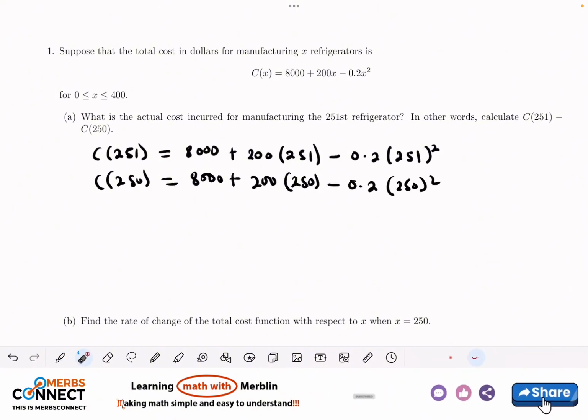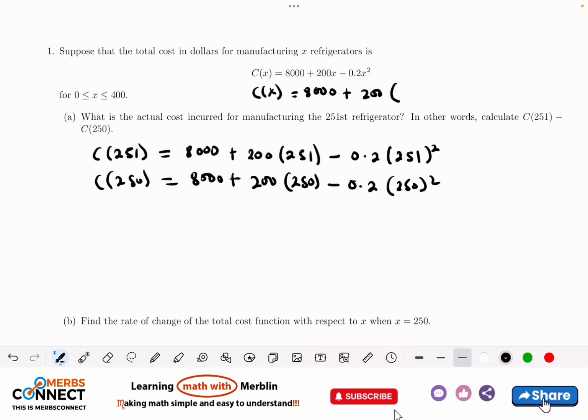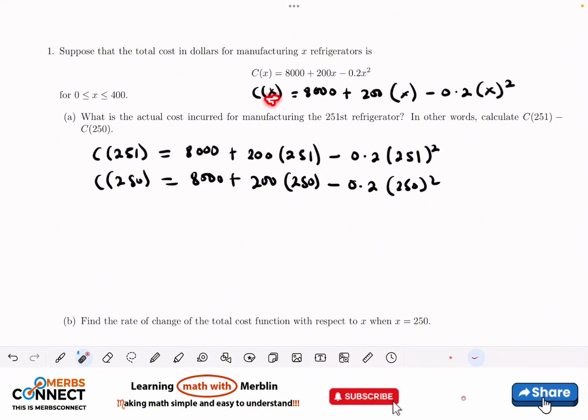So this is what I was doing, just plugging in 251 for x. When you have a function like this, make sure you put all of them into parentheses. So this one will be x in parentheses minus 0.2, and x is also in parentheses. I have x here, x here, and x here in parentheses.